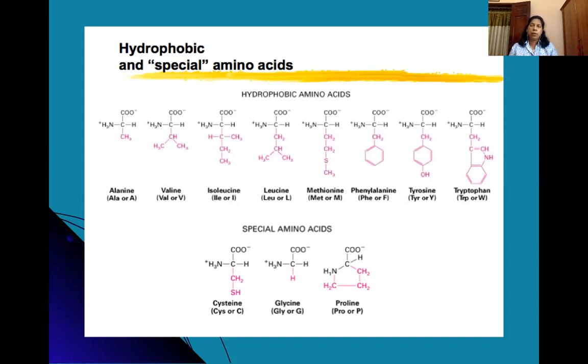Similarly, protein can also act as an emulsifier, because protein is not one type of amino acid, it is a combination of amino acids. If there are hydrophilic and hydrophobic amino acids, the hydrophilic ones join with the water, and the hydrophobic ones can bind with the lipids. Therefore the protein can act as an emulsifier.